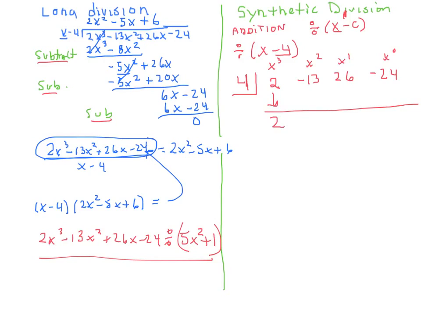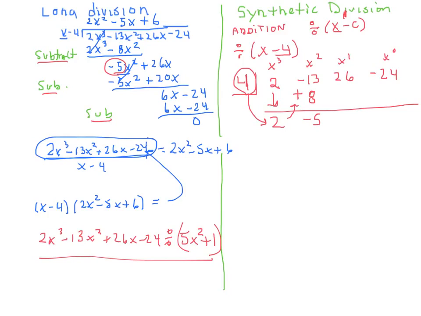Now I multiply 4 times 2 equals 8, and I write that here. And I add negative 13 plus 8 is negative 5. Did you see a negative 5 over here anywhere? Yes, you did.